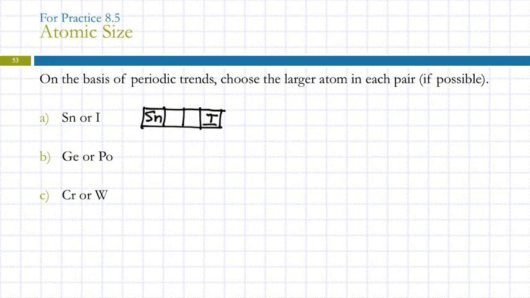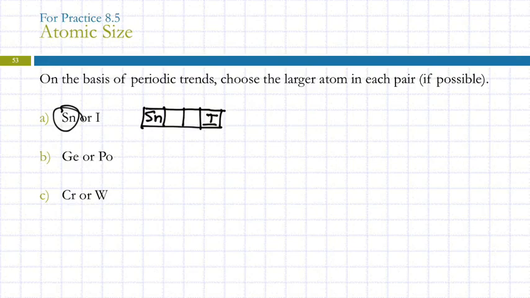They are in the same period. So what is the trend as we go across from tin to iodine? Is it getting smaller or bigger? It's getting smaller because the effective nuclear charge is increasing and the electrons are getting pulled in. So this one's smaller. That means that the tin must be the bigger one. You see how I did that?